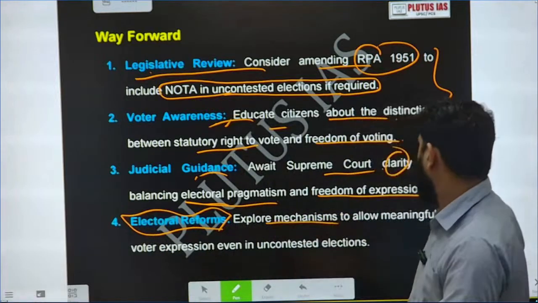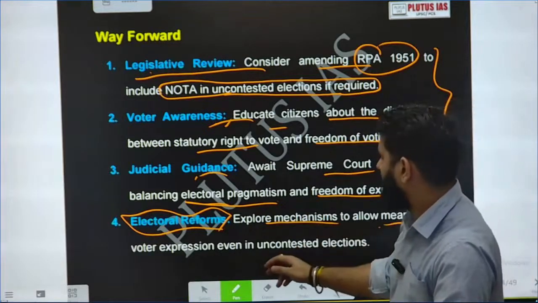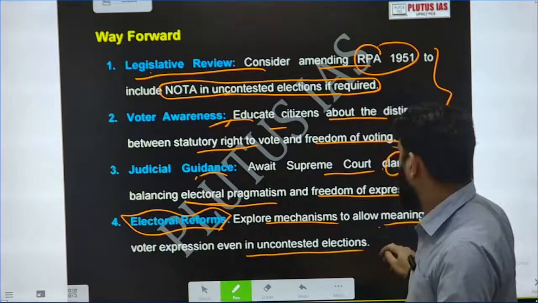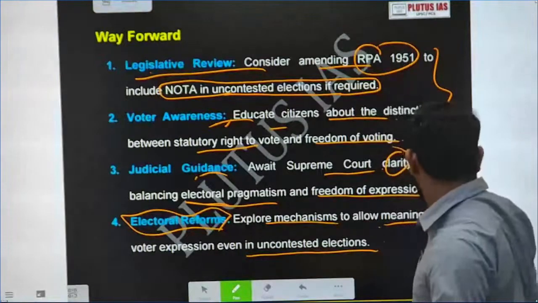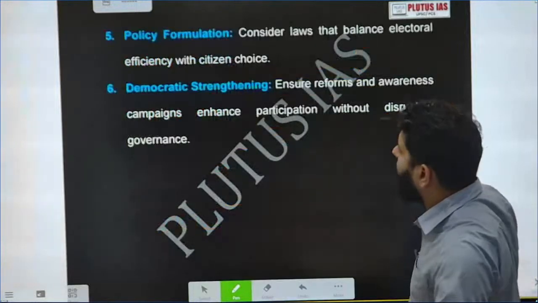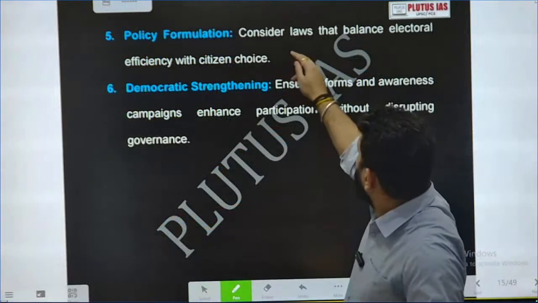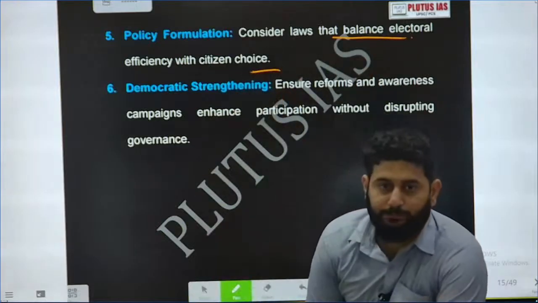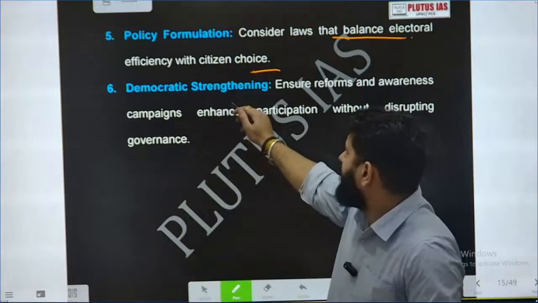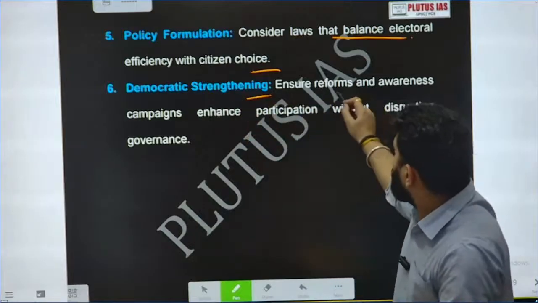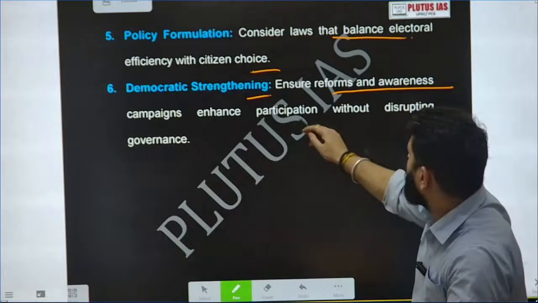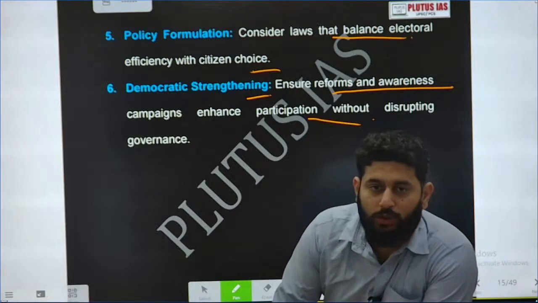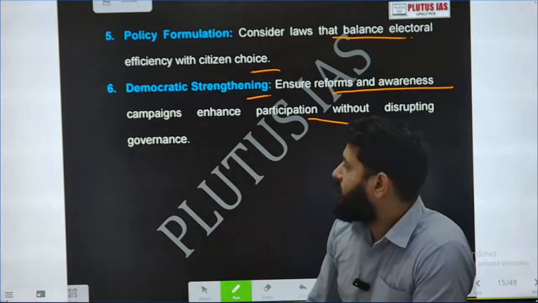Explore mechanisms to allow meaningful voting expression even in uncontested elections. Now the policy formulation. Consider law that balances electoral efficiency with citizen choice. Another thing, democratic strengthening. Ensure reforms and awareness campaigns enhance participation without disrupting governance. Okay, understood all the ways forward.